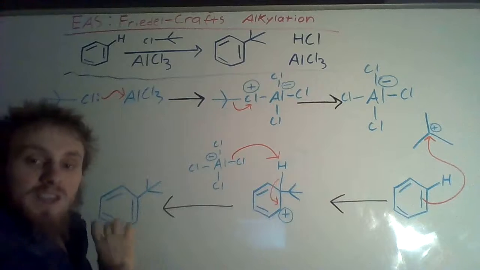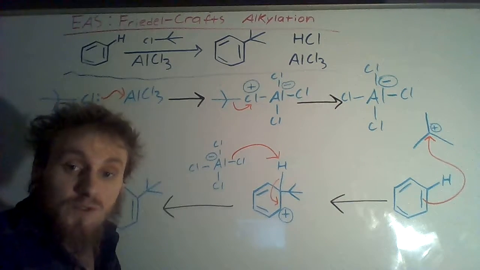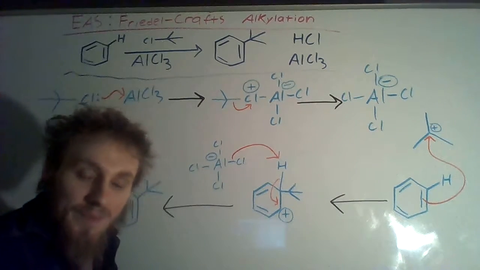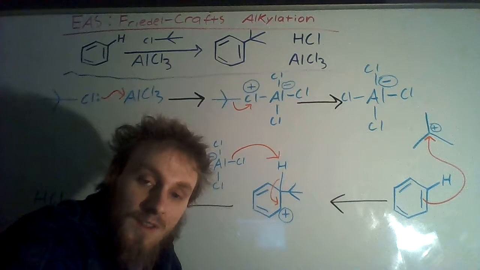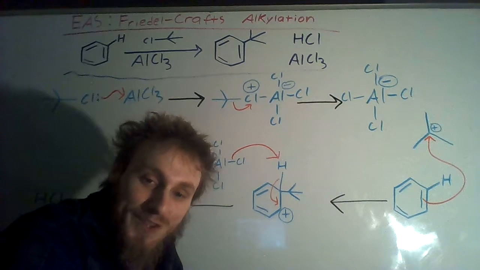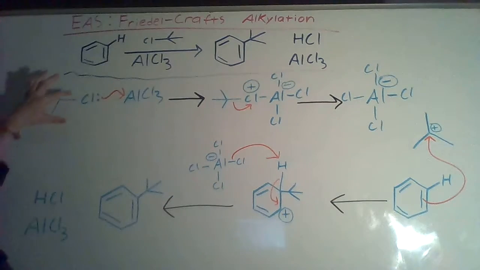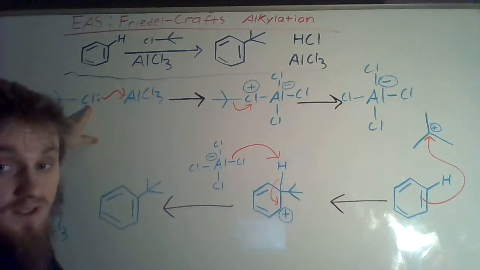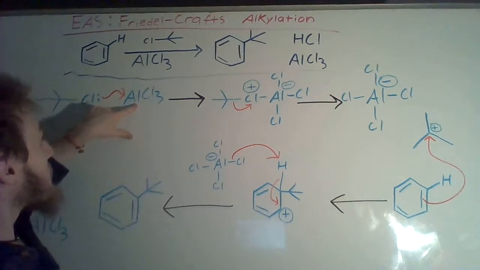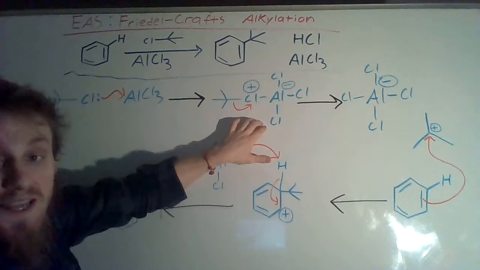All right, so again, let's quickly recap everything we learned today with regards to the Friedel-Crafts alkylation. First thing, we need to generate an electrophile that is sufficient for electrophilic aromatic substitution. So to do that, we take our alkyl chloride, which acts as a Lewis base, an electron pair donor, and react it with a Lewis acid, our aluminum trichloride catalyst. That gives us a Lewis adduct, a Lewis acid-base complex.